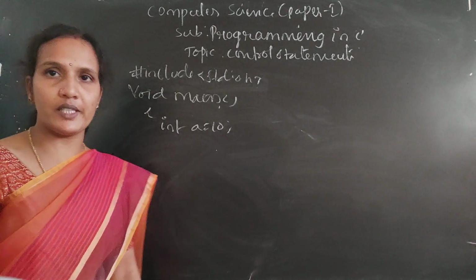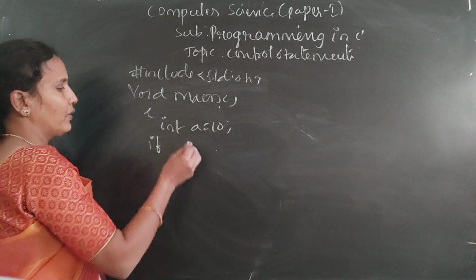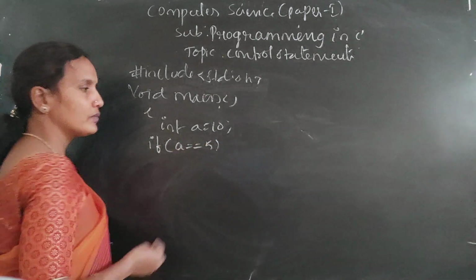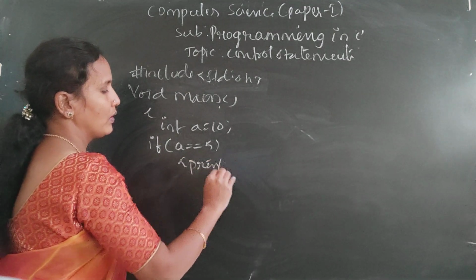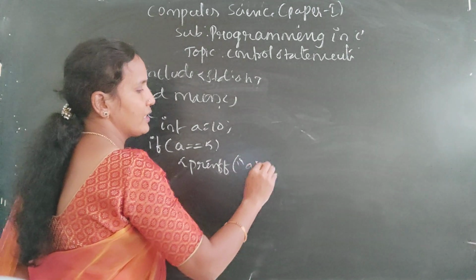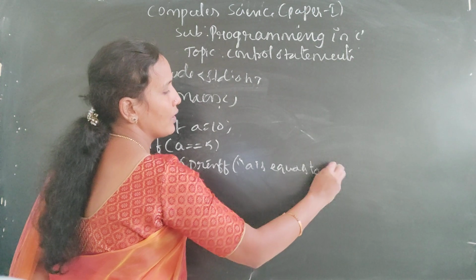One variable I am initializing. What is the value? 10. Now I am checking if a equals 5, then printf a is equal to 5.